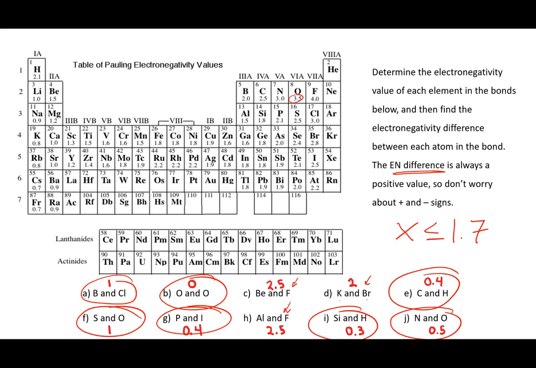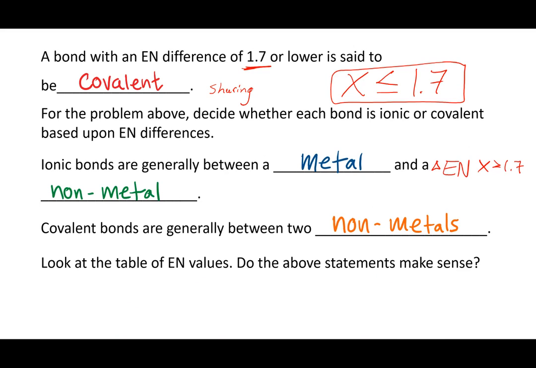And as you can see, those do contain a metal and a nonmetal, a metal and a nonmetal, and a metal and a nonmetal. So covalent bonds are generally between two nonmetals, whereas ionic bonds have an electronegativity difference of greater than 1.7, meaning the nonmetal wins the battle, the tug of war for the electrons. And that's between a metal and a nonmetal.